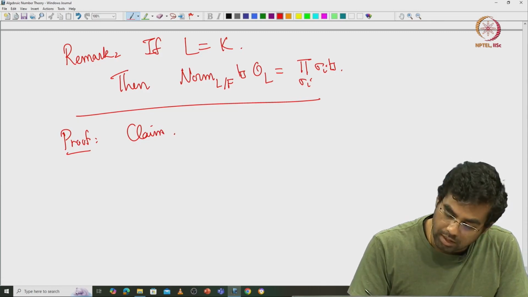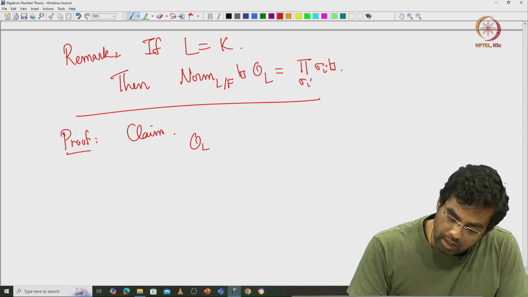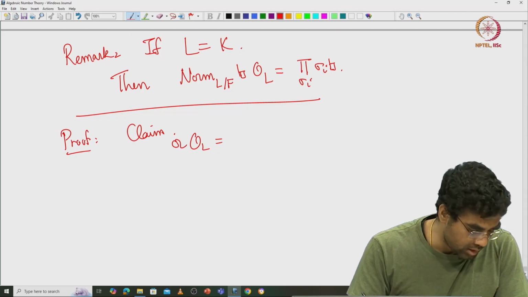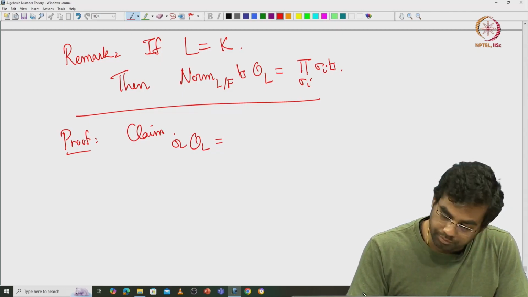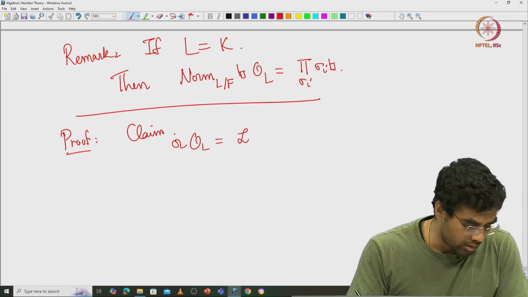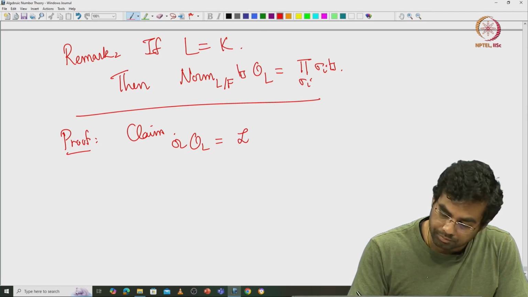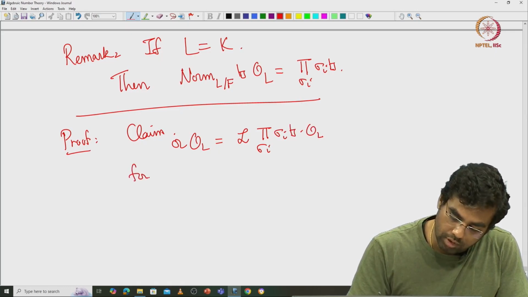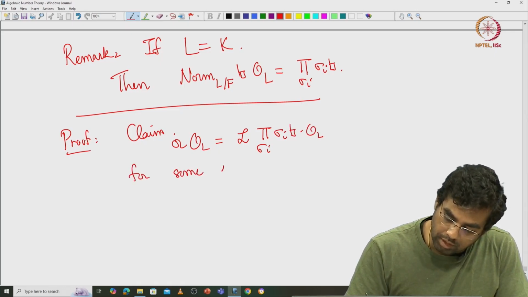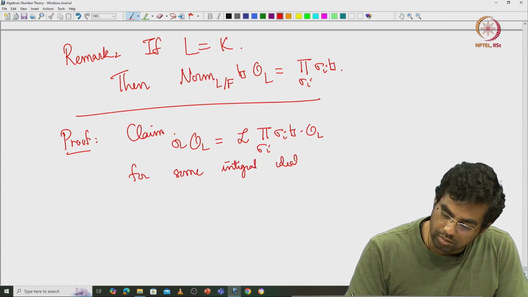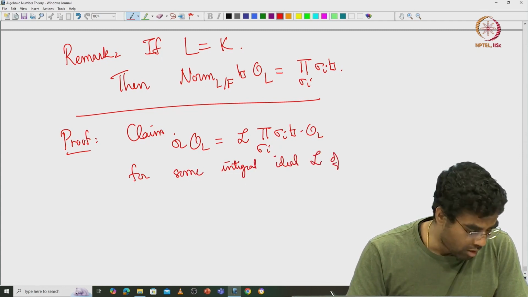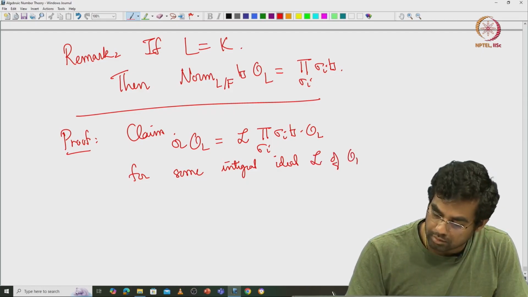It says that A OL is equal to L times the product over sigma i of sigma i B times OL, for some integral ideal L of OL.